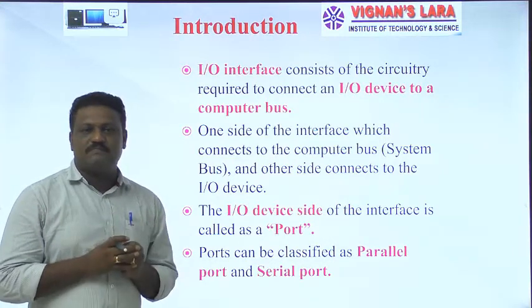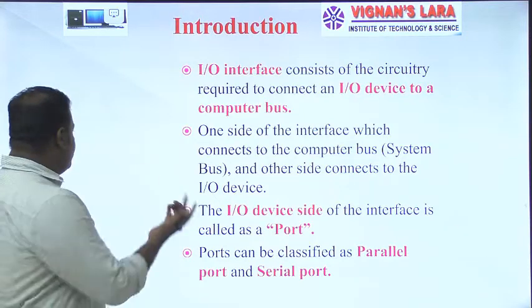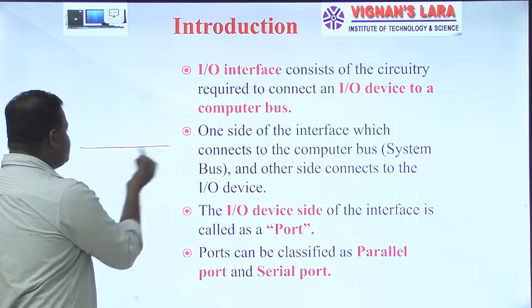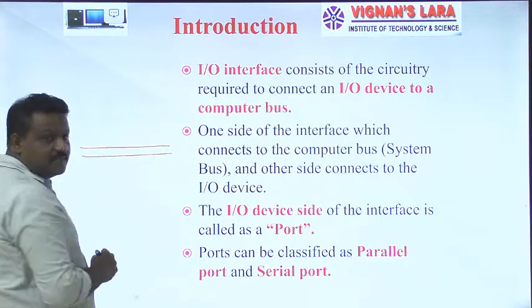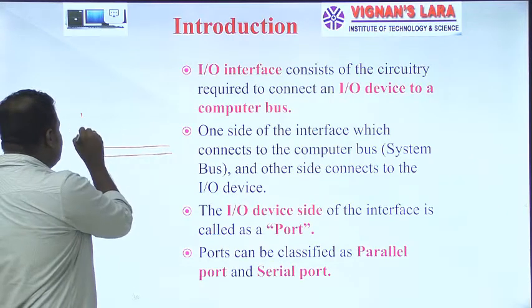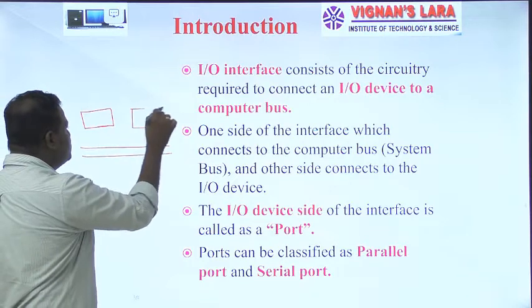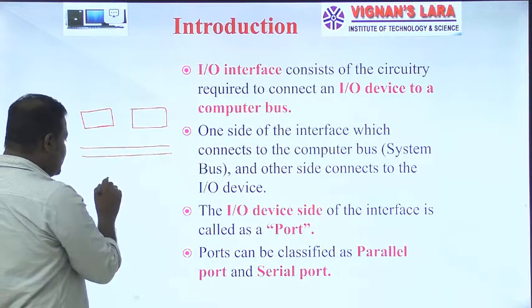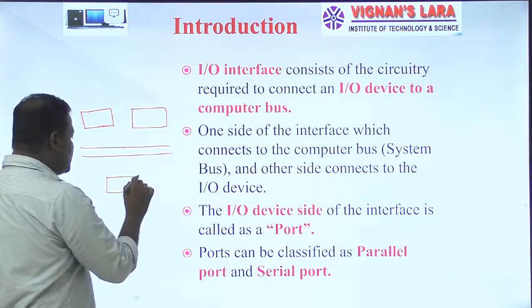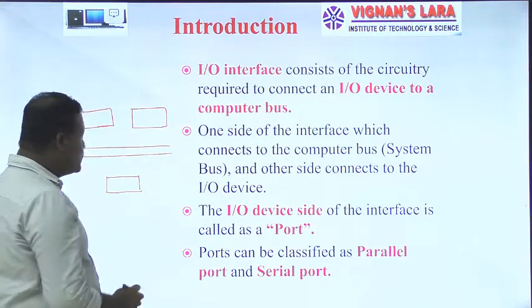We know that. So you can assume this is your computer system. In that, this is a system bus. On this side you have a CPU and a memory, and you can assume this is our I/O interface.